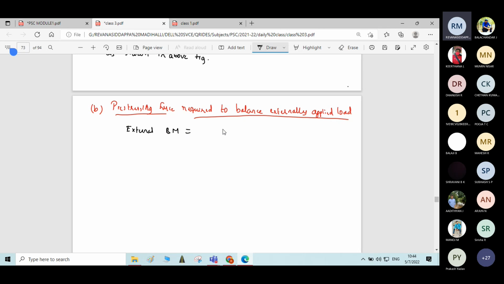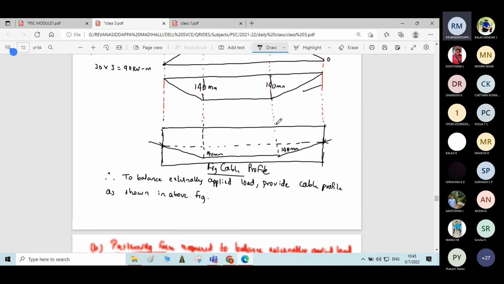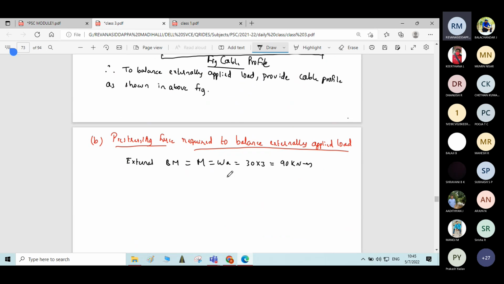We have already calculated this, correct? M is equal to WL. W is 30 into 3, 90 kilonewton meter. The external bending moment means bending moment due to external load, which is 90 kilonewton meter. Then you calculate moment due to internal pre-stressing force, that is internal bending moment.